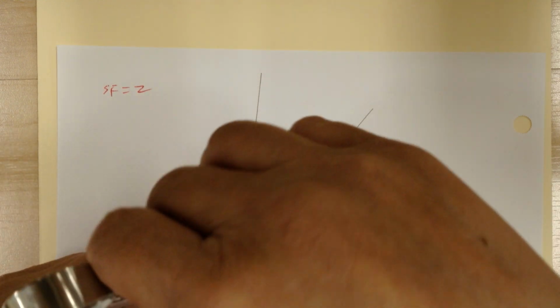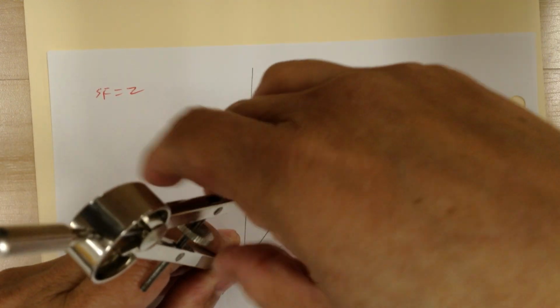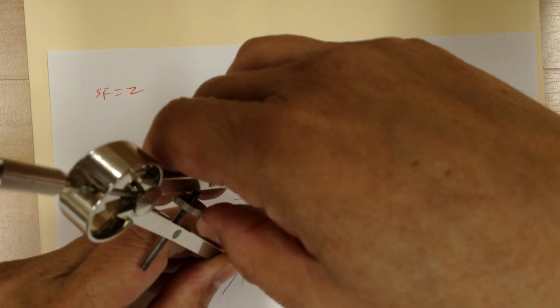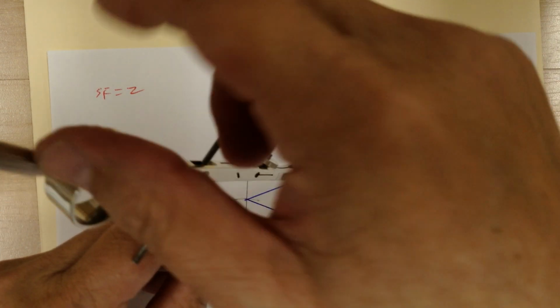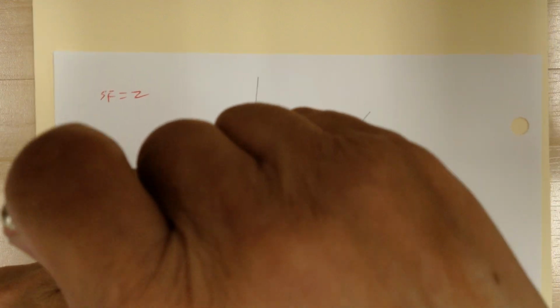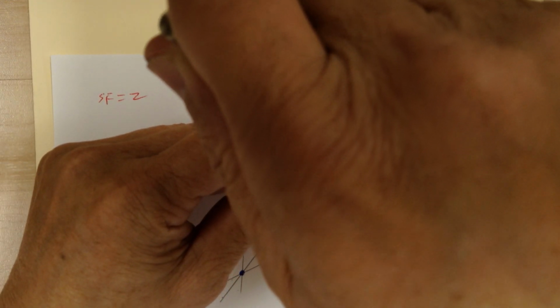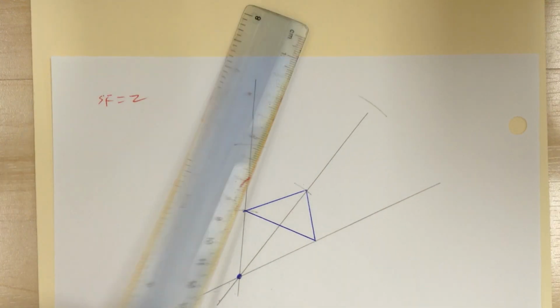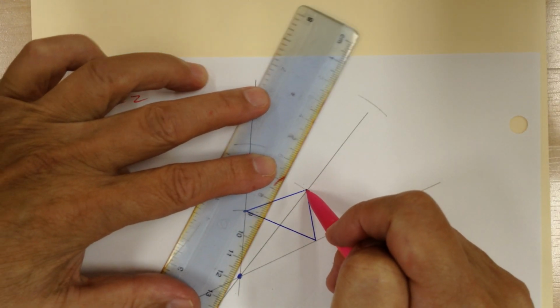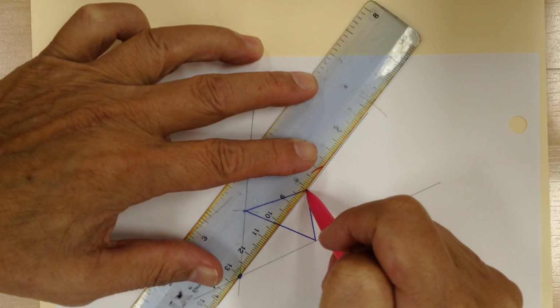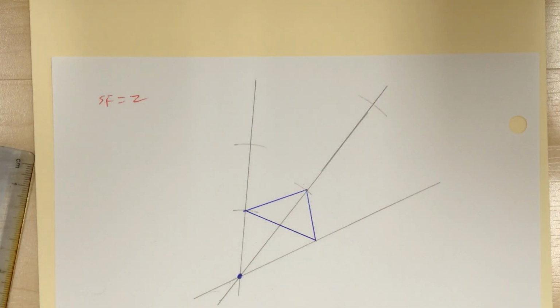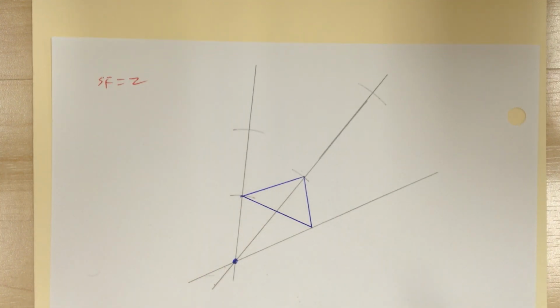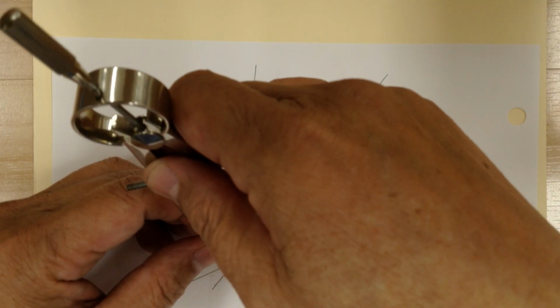So let's go and get the next one. Right over here. So that's 1, 2. And actually this is a bit off. Then let's go and do the third vertex.